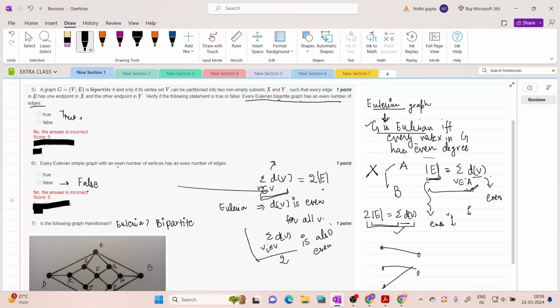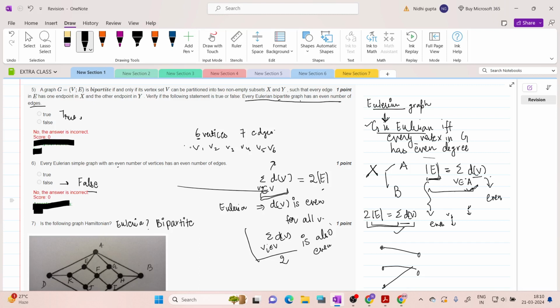Now try to construct an Eulerian graph. Suppose this graph has 6 vertices and 7 edges. We are trying to construct the simplest Eulerian graph with an odd number of edges.